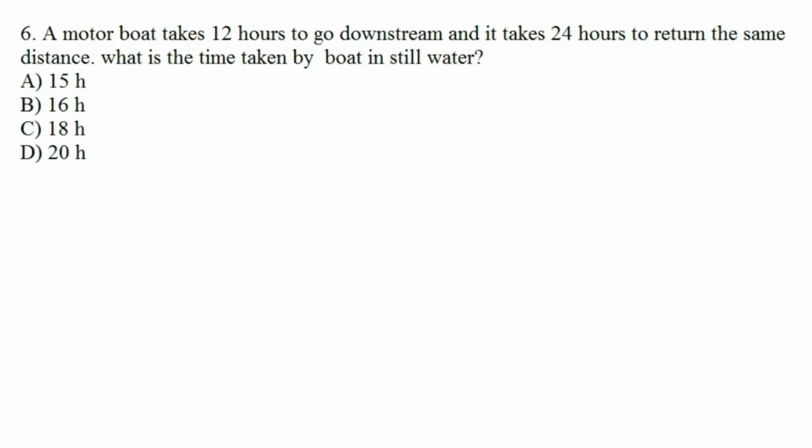A motorboat takes 12 hours to go downstream and takes 24 hours to return the same distance. What is the time taken by the boat in still water? Time 1 equal to 12 hours and time 2 equal to 24 hours.